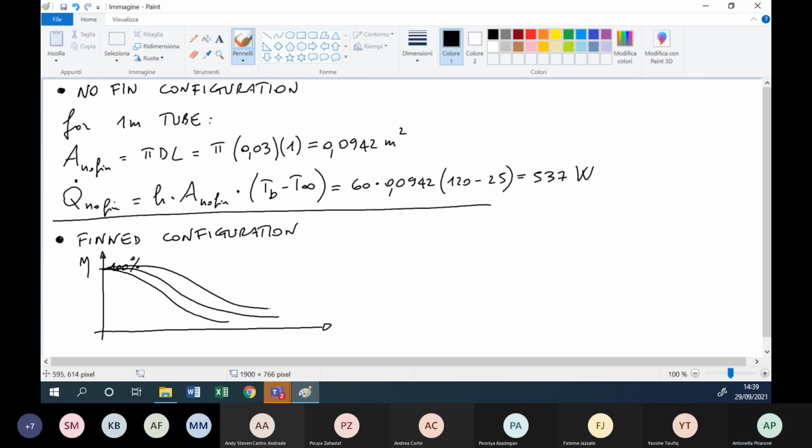Efficiency has this behavior with a parameter. You find exactly this graph on the slides. Now I reproduce, not in a perfect way, absolutely, the graph that you have on the slides. This graph gives us the efficiency of this type of fin that depends on geometrical parameters like this one.